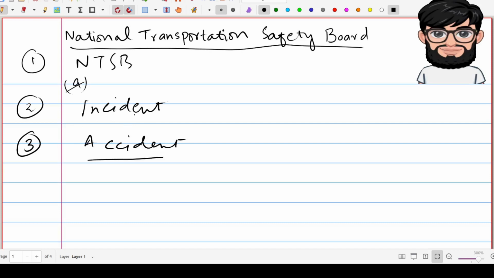The accident is that it happens with the operation of the aircraft, which takes place between the time when the person boards the aircraft to fly and when he disembarks, and anything related to the aircraft operation. Maybe there's a substantial damage, and anything of that nature is going to be considered an accident.